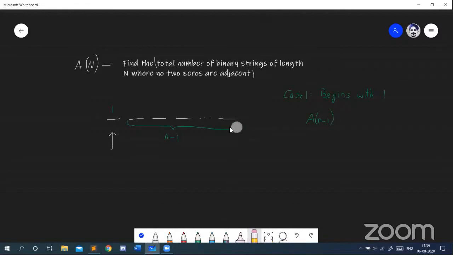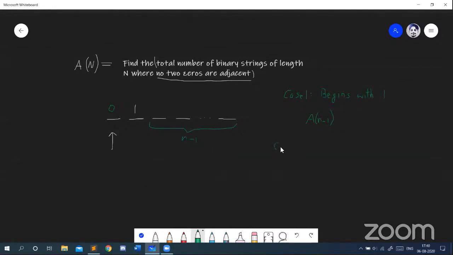And if I were to consider the case where I put a 0 here, then we have the condition that no two zeros are together or adjacent, right? That means I cannot put a 0 here. I hope you'll agree. Which means I'll have to put a 1 here, and I do not have a choice. Which reduces this problem to filling n-1 blanks with zeros and ones such that no two zeros are together.